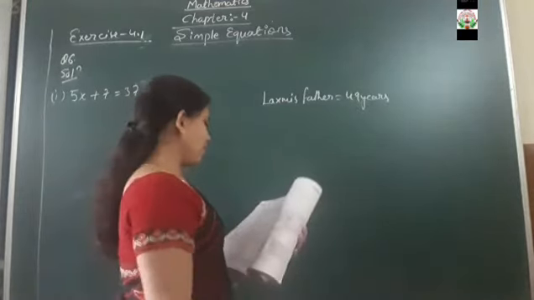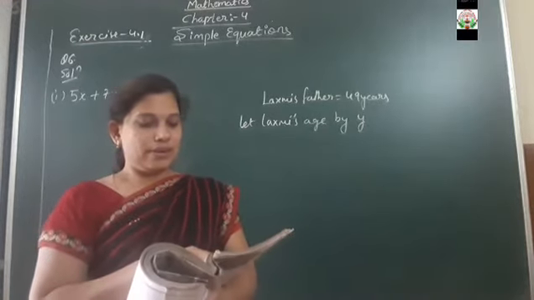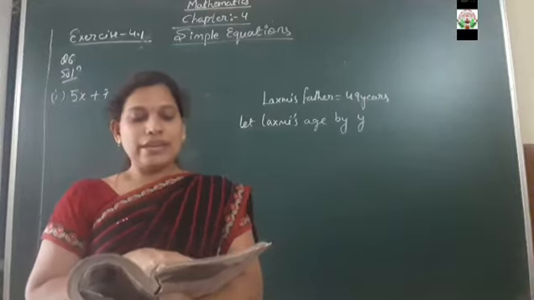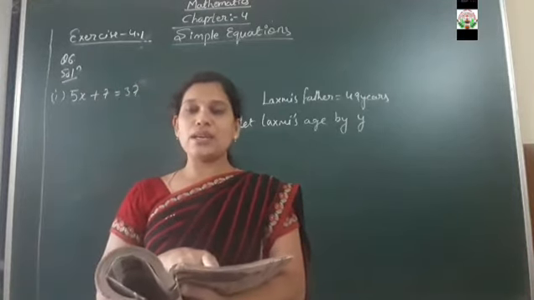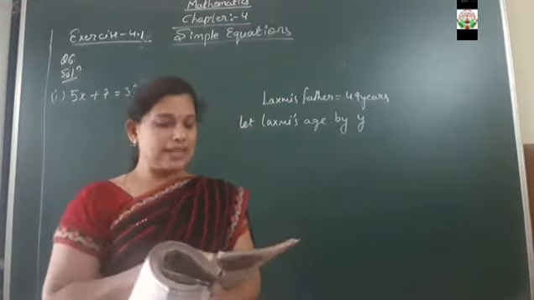So let Lakshmi's age be y. Since in the bracket of the question we have to consider y, that's why we are considering y. So we consider Lakshmi's age as y, as his father is 4 years older than 3 times Lakshmi's age.